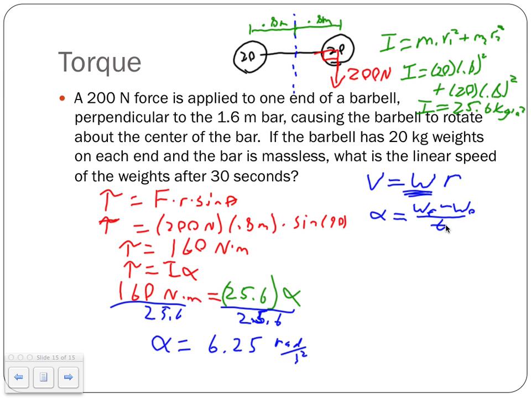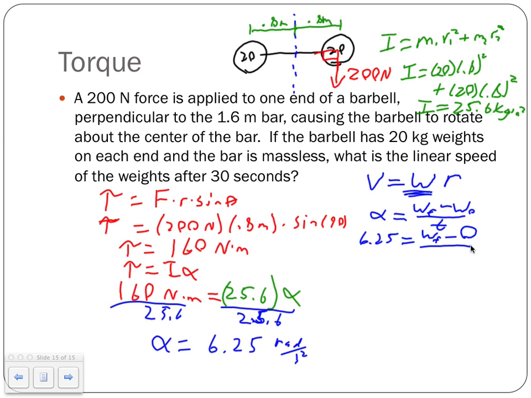And so let's see what we know here. Alpha is 6.25 radians per second squared, which equals omega f, the final angular velocity, which is what we're looking for, minus the original angular velocity. Well, presumably this barbell was not rotating to start with. We really didn't say it, but that's what I meant when I set up the problem.